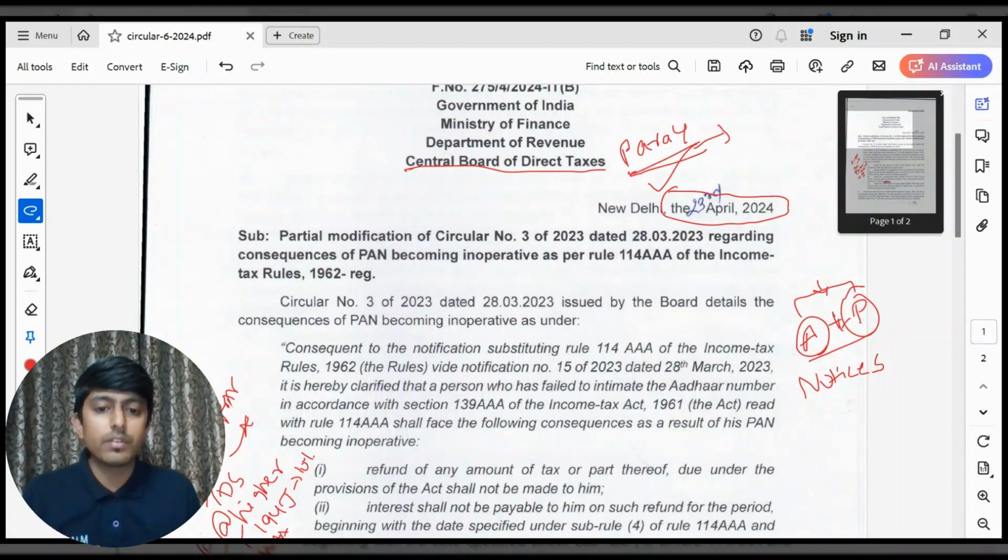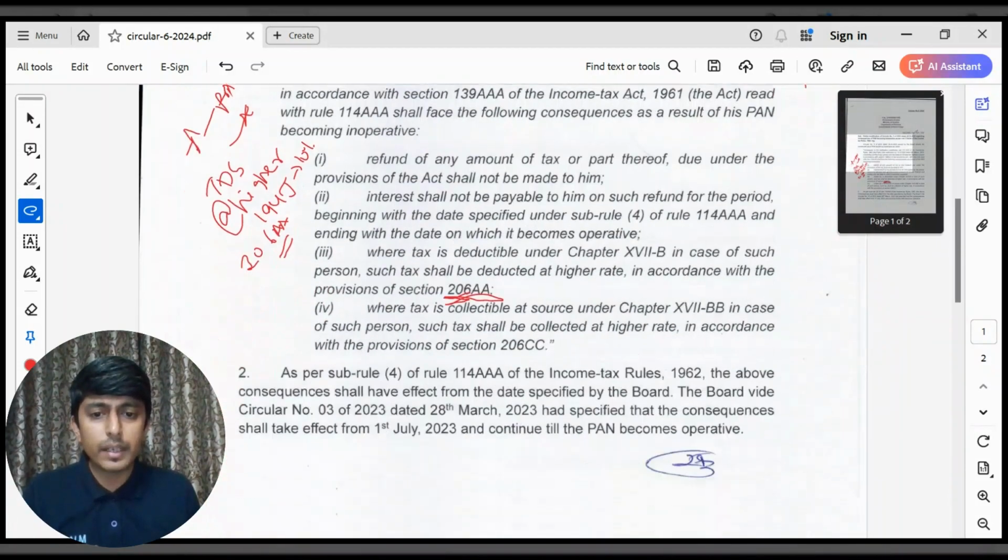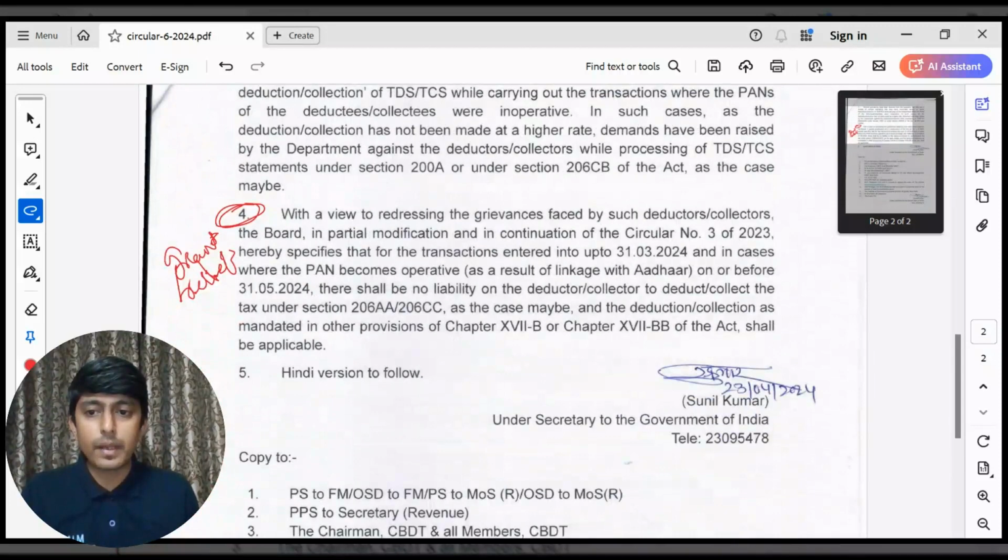Now, what is that relief? Let's have a look at it. Let me come to para number 4. Here it says, let me read this for you: With a view to redressing the grievances faced by the deductors or the collectors, the Board, in partial modification and in continuation of circular number 3, hereby specifies that for the transactions entered into up to 31st March 2024 only.